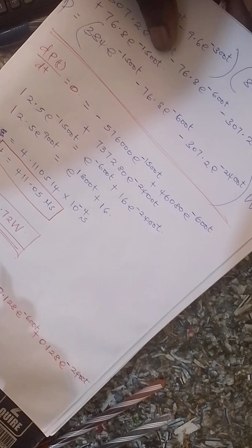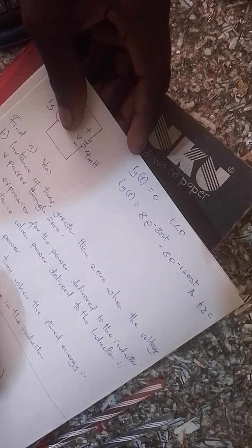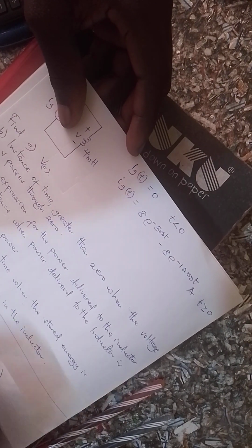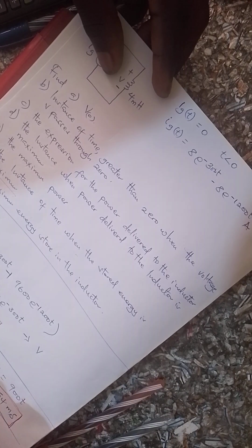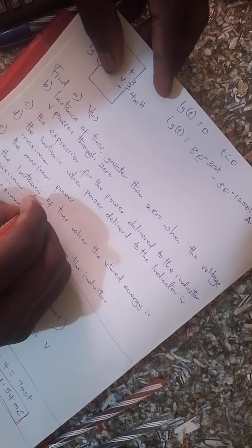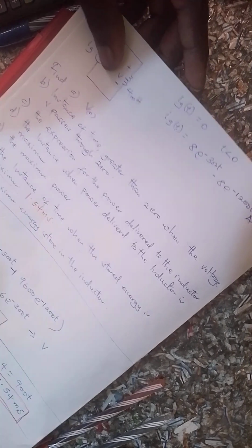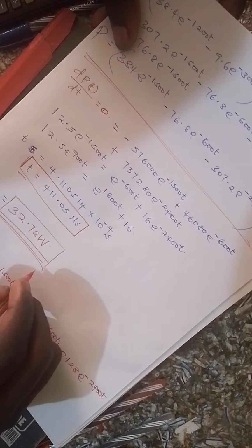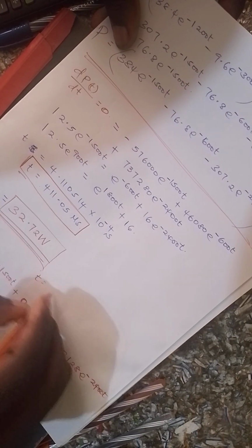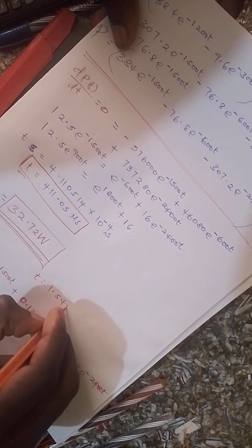So because we were told from F the instance of time when the stored energy is maximum, this particular instance of time is also equal to 1.54 milliseconds. So T is equal to 1.54 milliseconds.